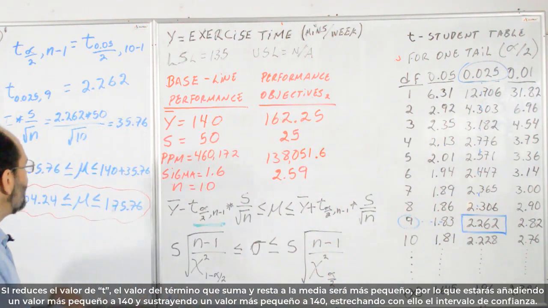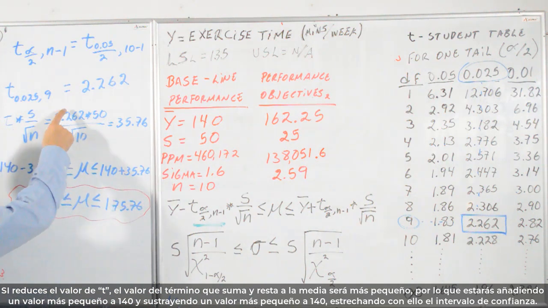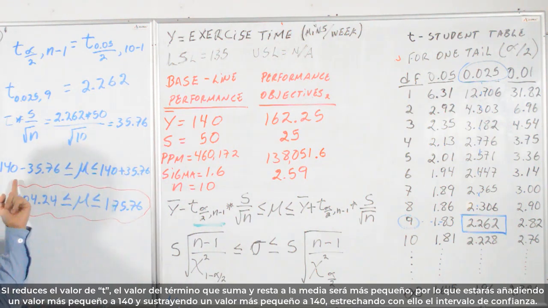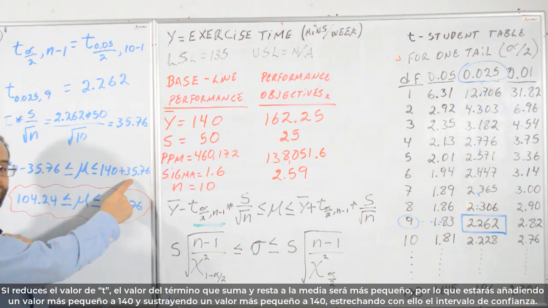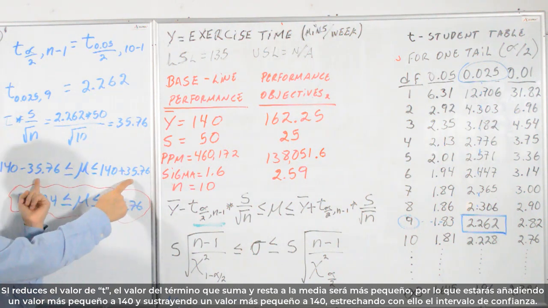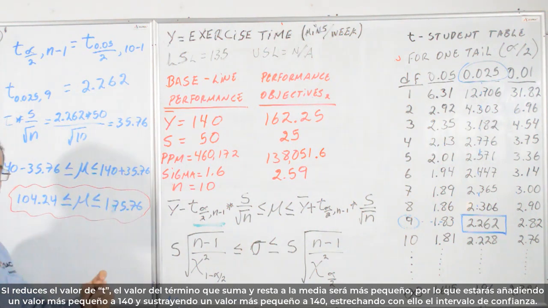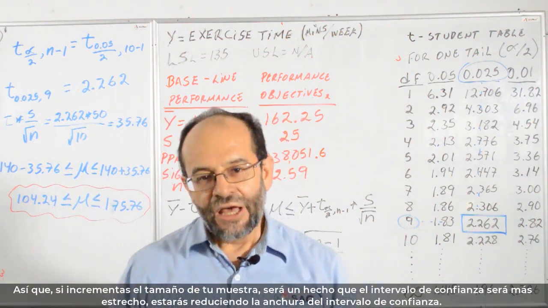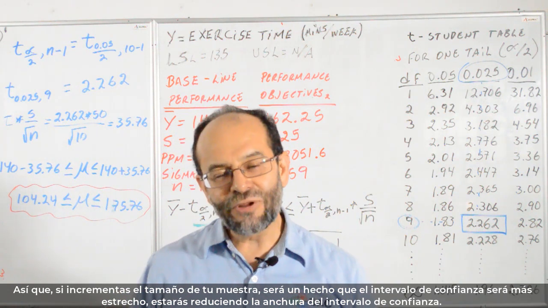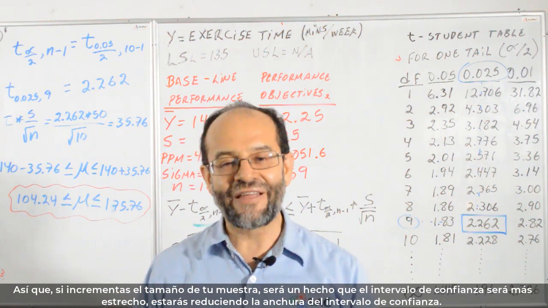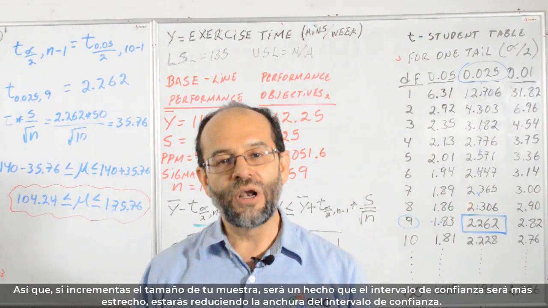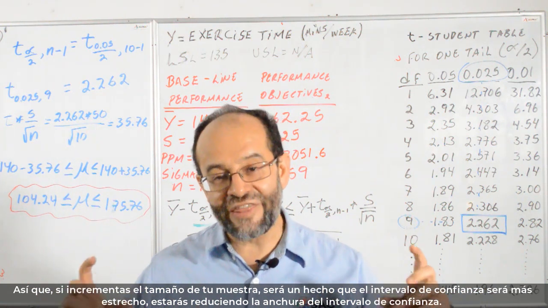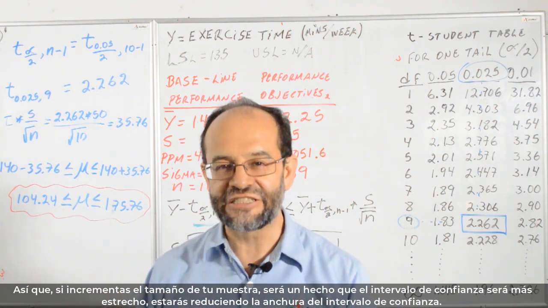If you decrease the value of t, this value will be smaller, and this value also is smaller, so you will be adding a smaller value to 140 and subtracting a smaller value from 140, and you will be narrowing down your confidence interval. So if you increase your sample size, it will be a fact that the confidence interval will be more narrow. You will be decreasing the width of the confidence interval.